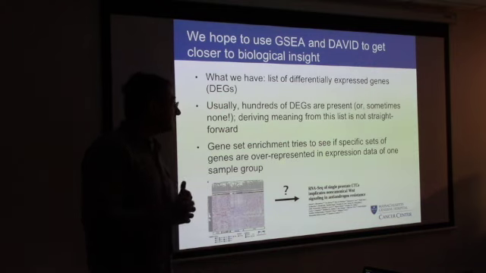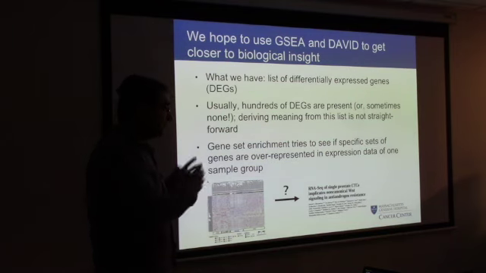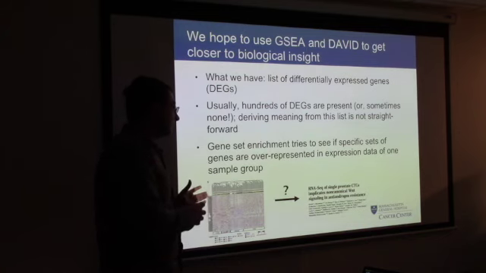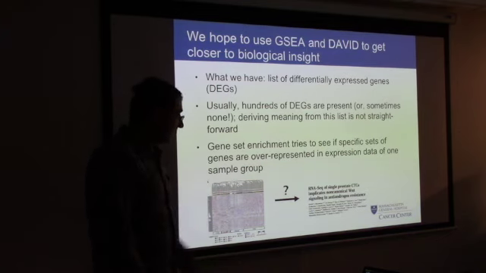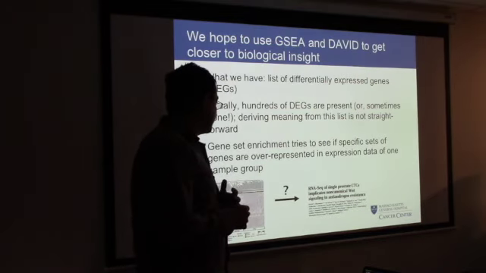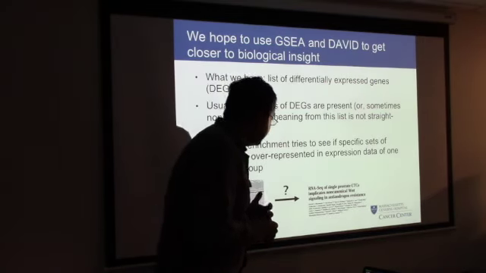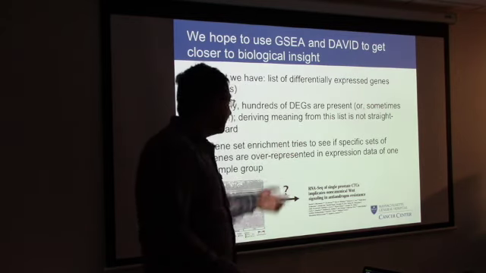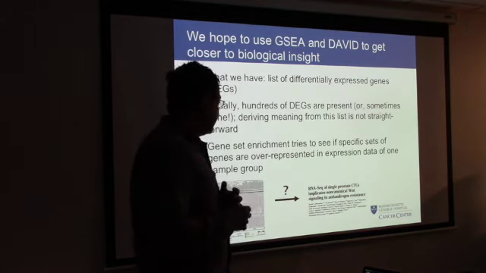So gene set enrichment tries to see if specific sets of genes are overrepresented in expression data of one sample group. This is the paper that came out, I don't know whose lab it is, but it was written by Miyamoto.